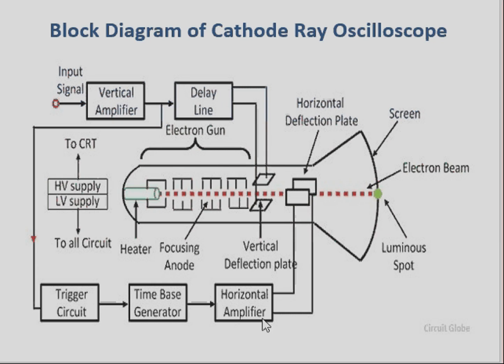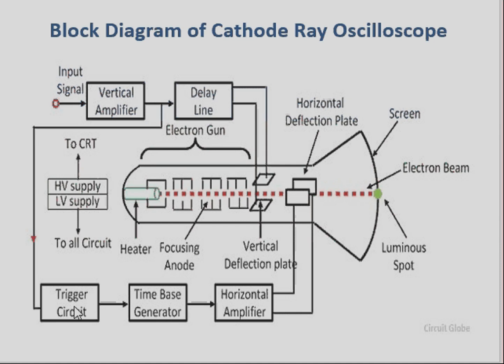While the signal passes through these various components, a time delay occurs. This time delay will distort the output waveform. So in order to avoid this distortion, a delay circuit block is provided. By means of this delay circuit, we can reduce the distortions due to these various blocks.